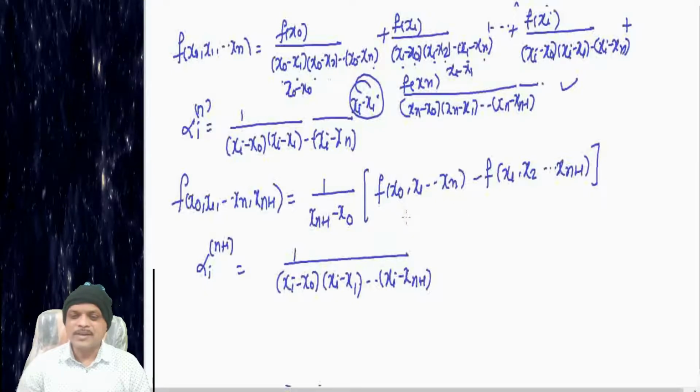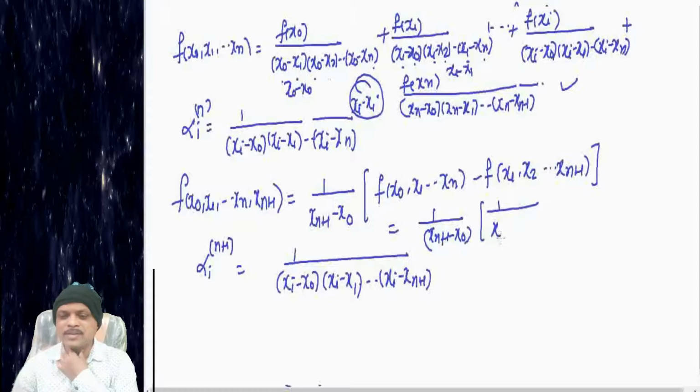So we have this factor, and this is equal to 1 divided by xn plus 1 minus x0 into the factor. This is the coefficient of f of xi.